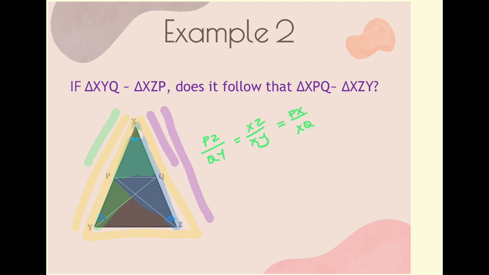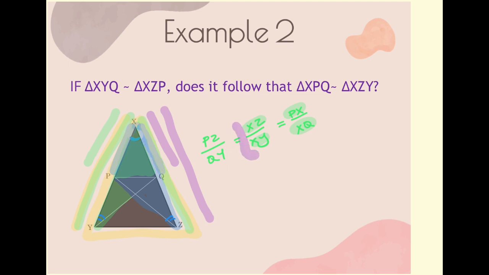Now, based on what we just wrote, we had XZ was proportional to XY. So we're actually saying this whole side is proportional to this whole side, and the XP is similar to XQ. So XP here to XQ.